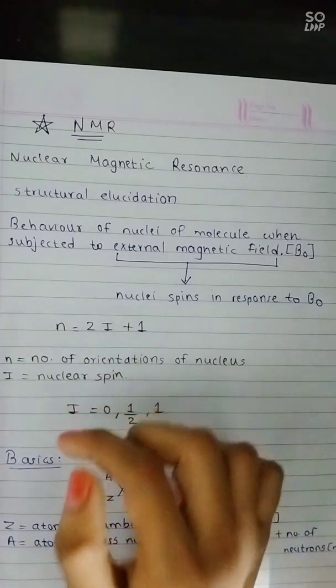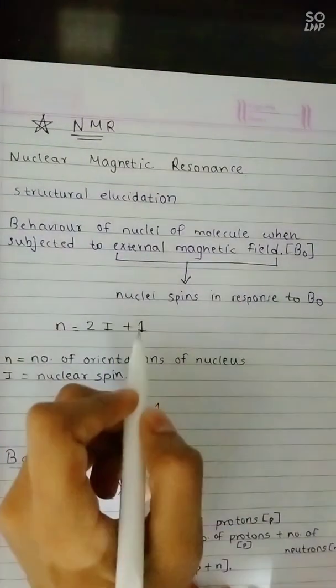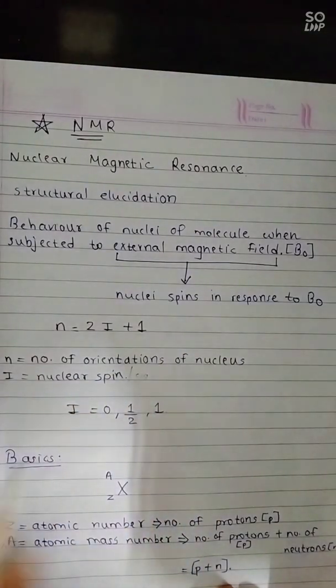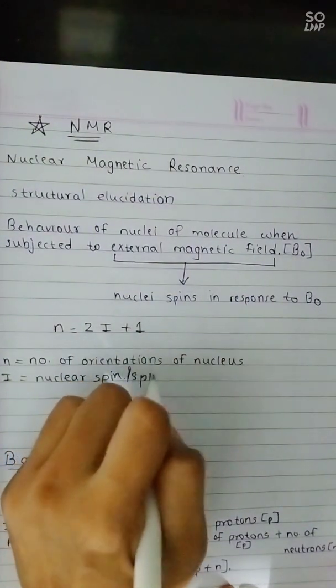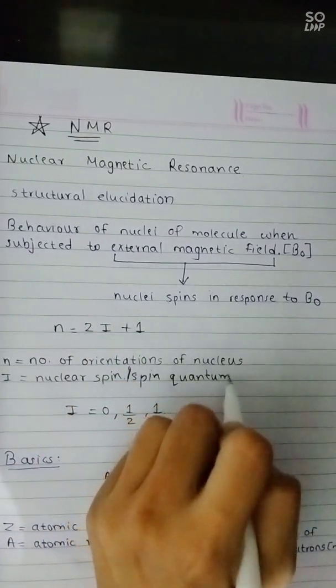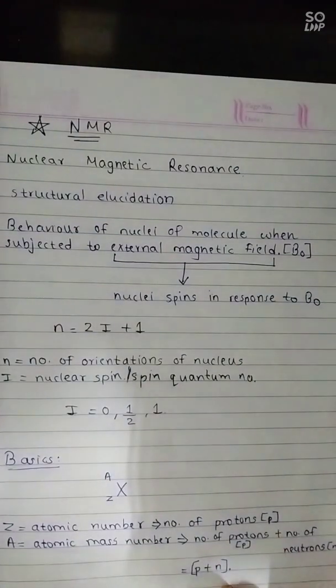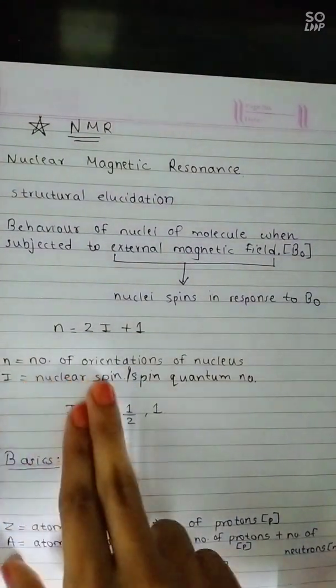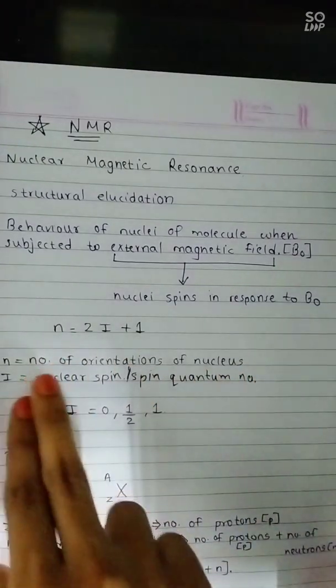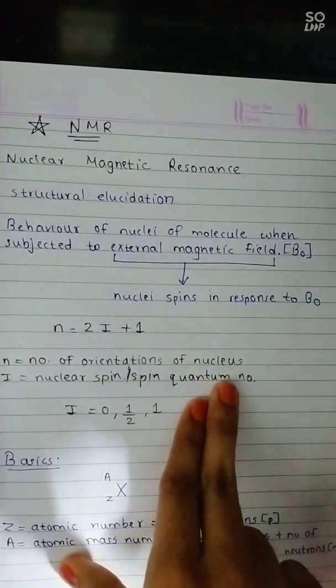It is also called the spin quantum number. I can be written as nuclear spin or spin quantum number. And n is the number of orientations of the nucleus.